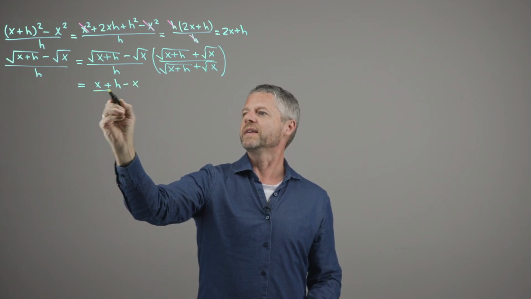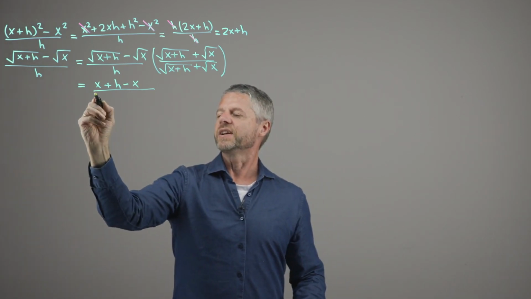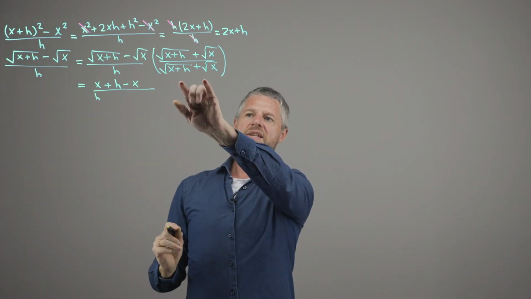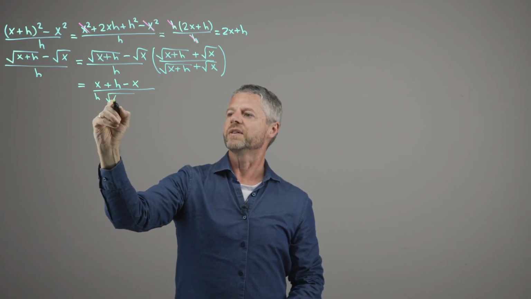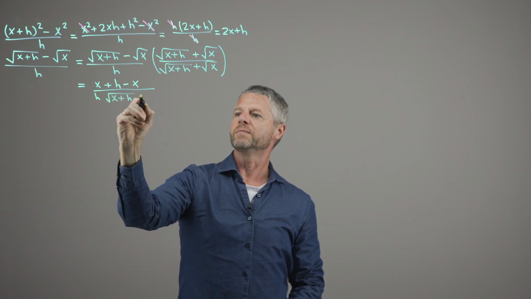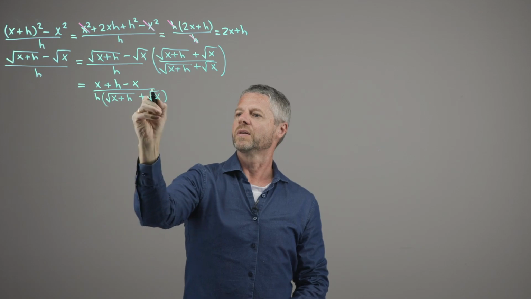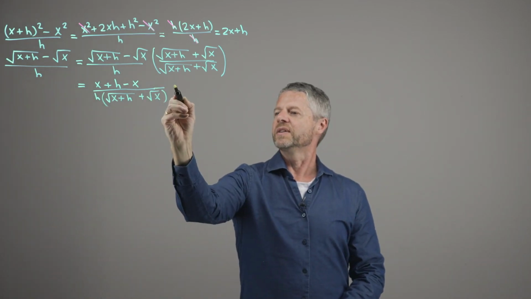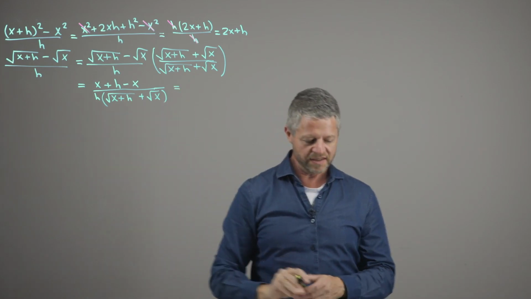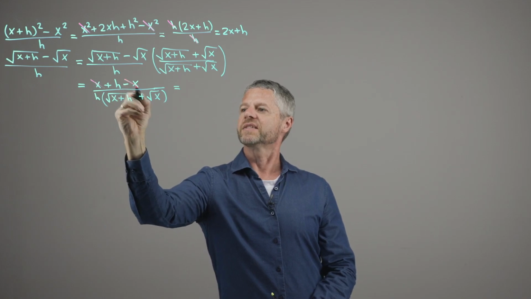And then in the denominator, I've got h times this piece here, so square root of (x plus h) plus square root of x. Now I see that I've got x minus x, so those cancel.